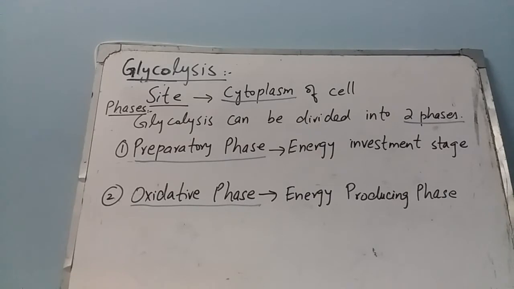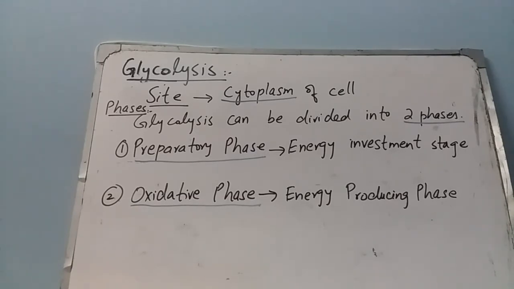So in the first stage, which is the energy investment stage, the glucose molecule uses 2 ATPs from the cytoplasm. Second is the oxidative phase, also known as energy harvesting phase or energy producing phase.